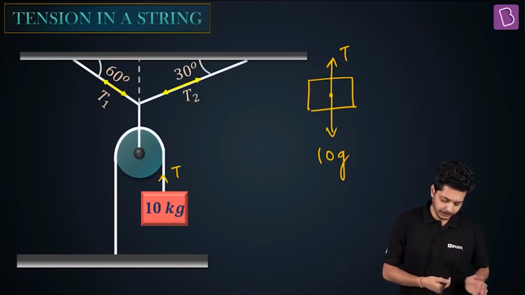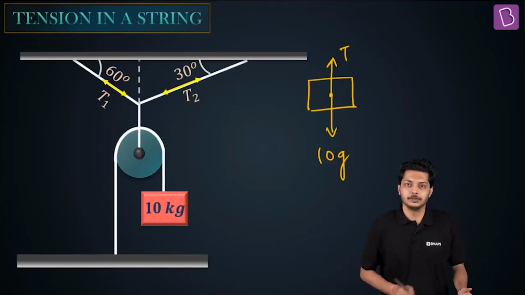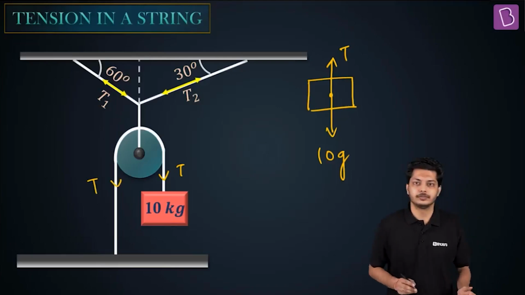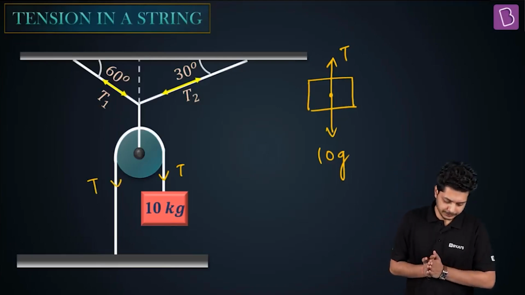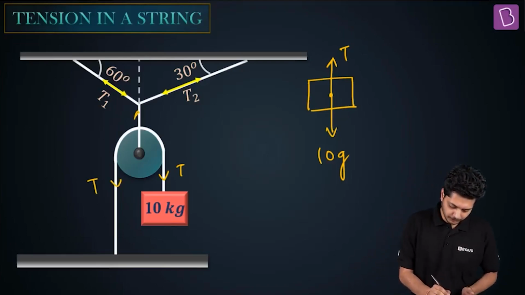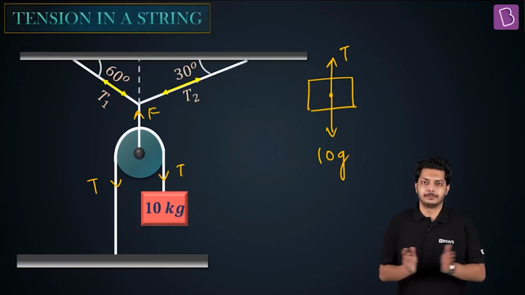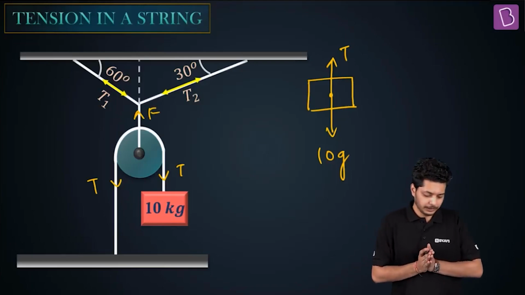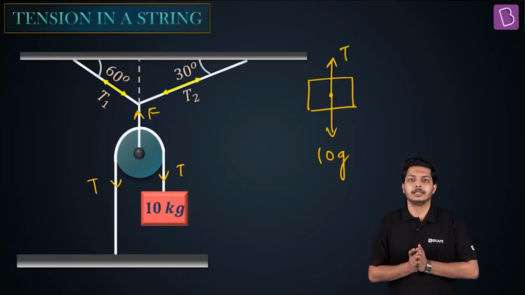Now coming to the pulley. Let's say here we have tension T again at this point also. Since the rope is the same, tension will be the same. All right. Any other force on the pulley? Yes. On the top there is a rope. Let's say it is applying a force F, which is also a tension. Since it's a rope, it's also a tension force, but we are denoting it with F.